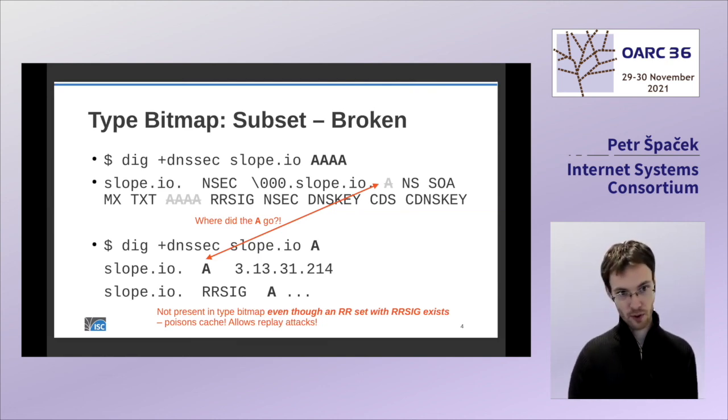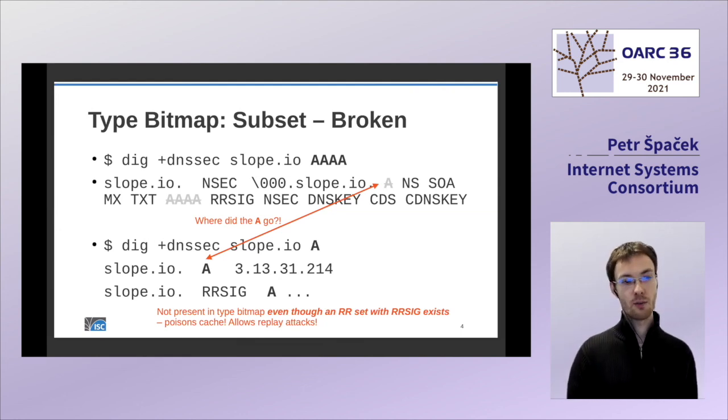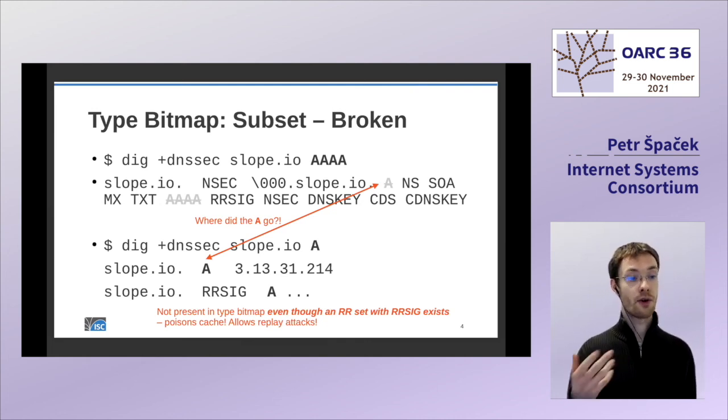For example, the client is asking for AAAA, and the answer coming back has a proof of non-existence which doesn't list A and AAAA. So neither A nor AAAA should exist according to this proof of non-existence.